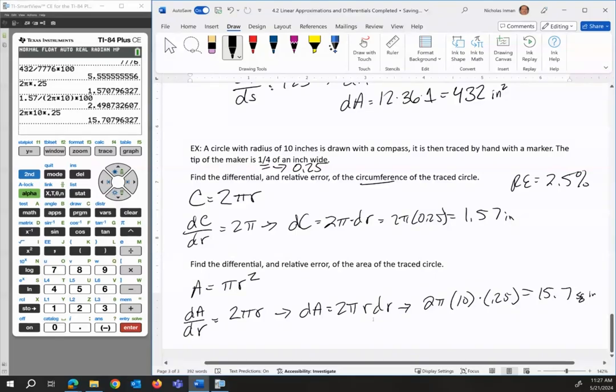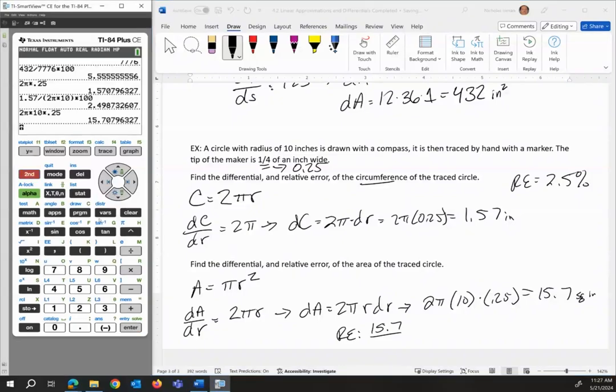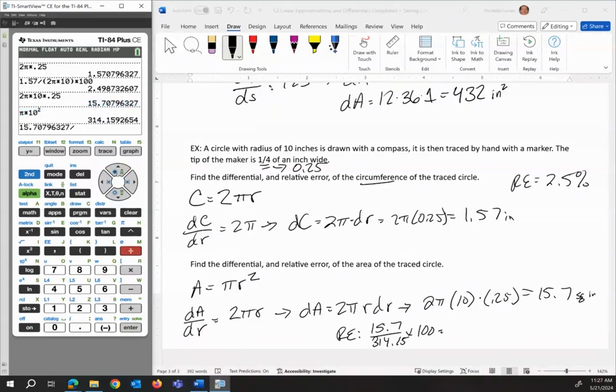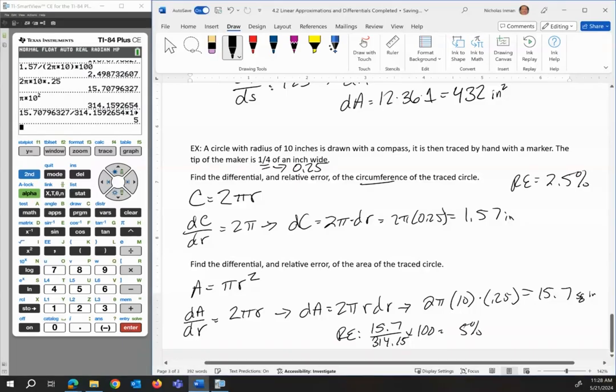area differential. Okay, relatively though, we take our 15.7, we divide that by pi times r squared, and then we times by 100. So only about a 5% potential error.